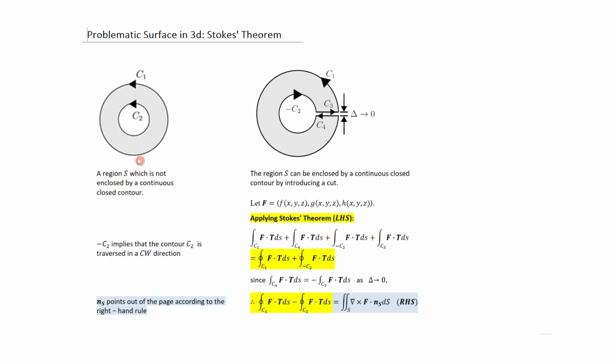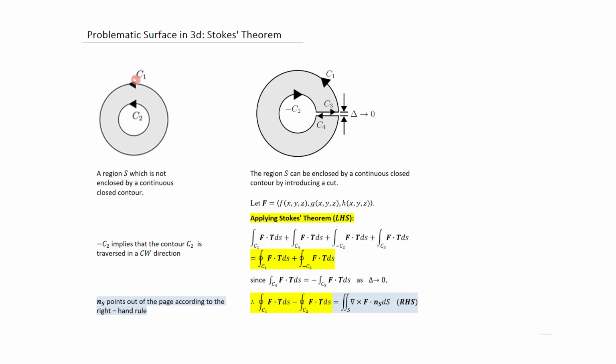You'll notice that the region S, which is the shaded region, is not enclosed by a continuous closed contour. I've noted here, for instance, that we could create a contour on the inner face and a contour on the outer face, and I've shown them with specific directions, in both cases being counterclockwise.